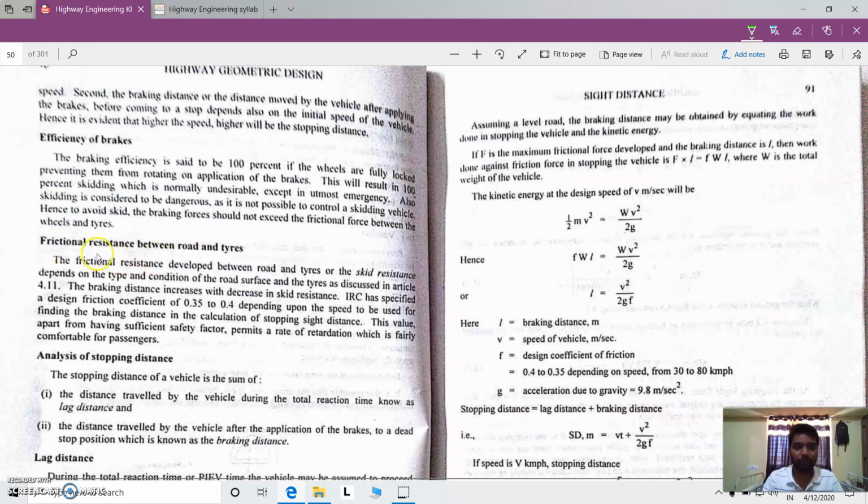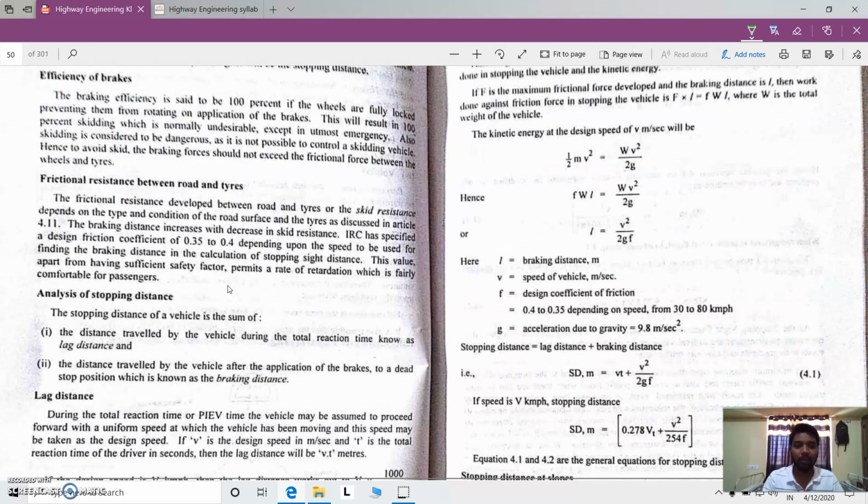That is the frictional resistance between road and tire. We have learned that the design friction coefficient values from 0.35 to 0.4 are to be considered depending upon the speed of the vehicle moving on the highway. This coefficient value is considered for the longitudinal direction.